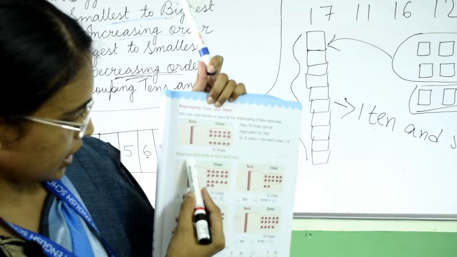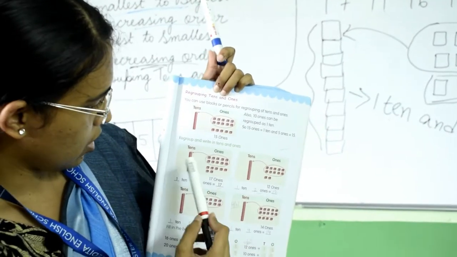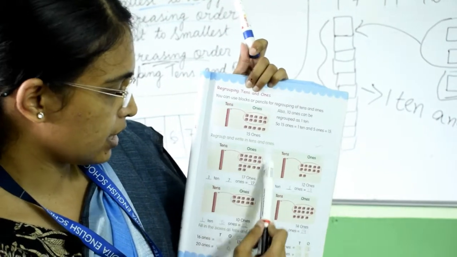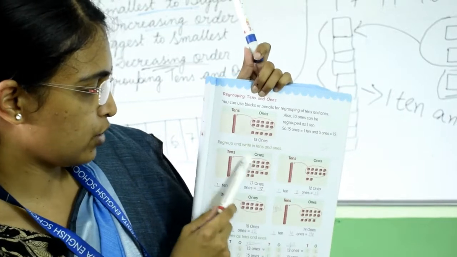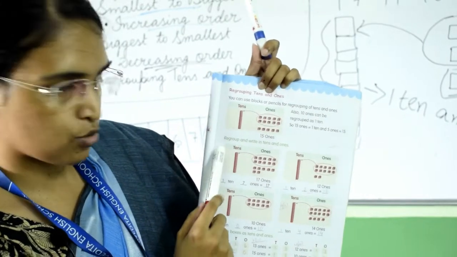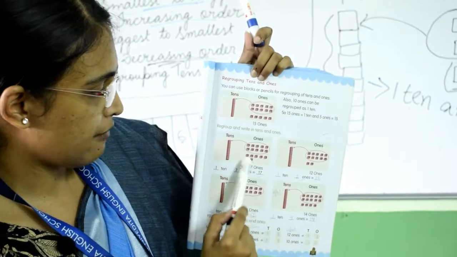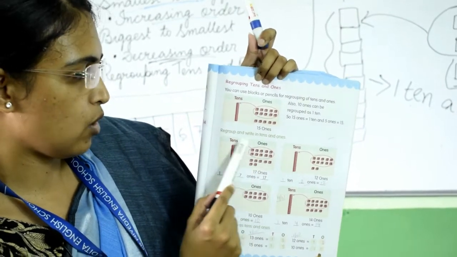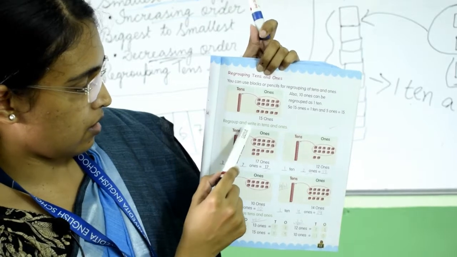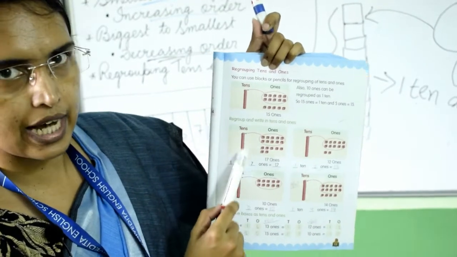So here are 10 blocks, and first here we have 17 ones. We have to regroup this in this way. So first among the 17 ones, we have taken 10 blocks and made a building like this.